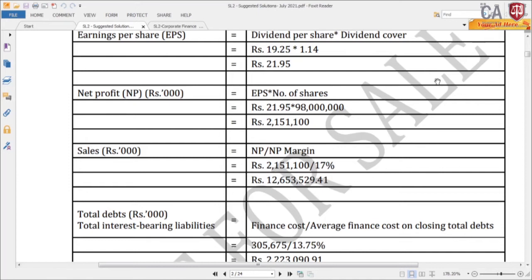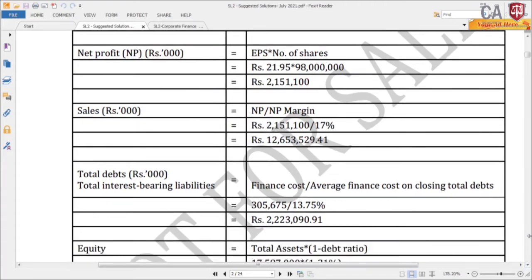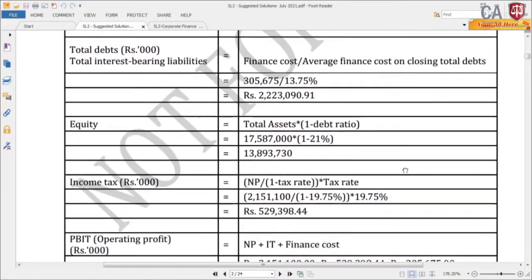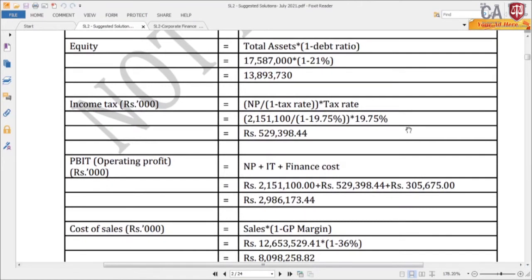Then the operating profit we have to find out. So if you go down, for you to calculate operating profit, you know the profit after tax, that is what we calculated for return on equity. They have given in the question the effective tax rate of the profit before tax was 19.75%.